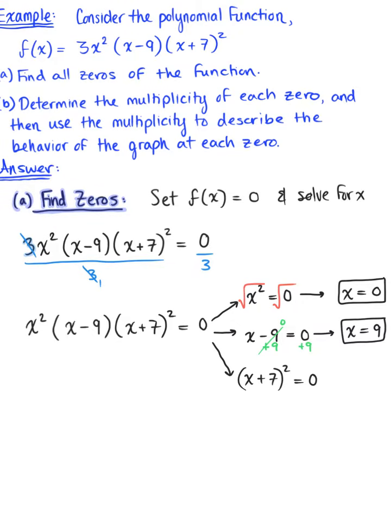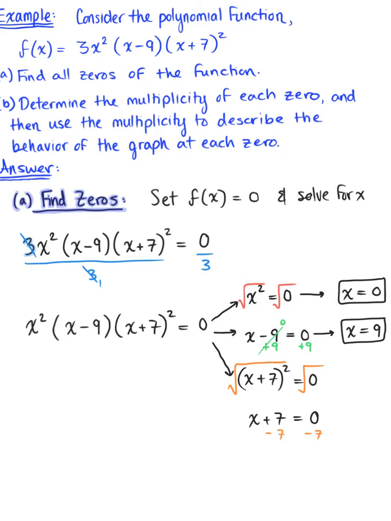And last but not least, we have x plus 7 squared is equal to 0. So in order to solve for x here, we need to remove the square. So we will take the square root of both sides of this expression. So the square and the square root cancel each other out, leaving us with x plus 7 is equal to 0. And then to isolate x, we'll now subtract 7 from both sides of the equation.